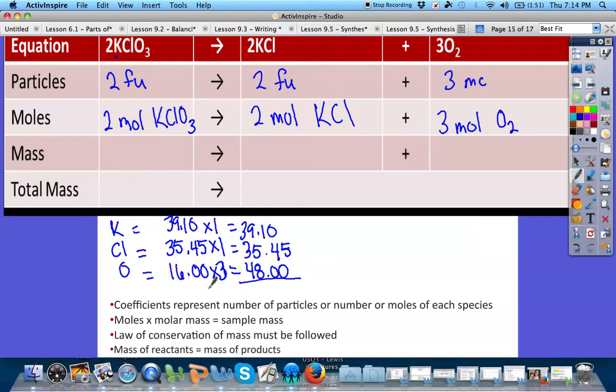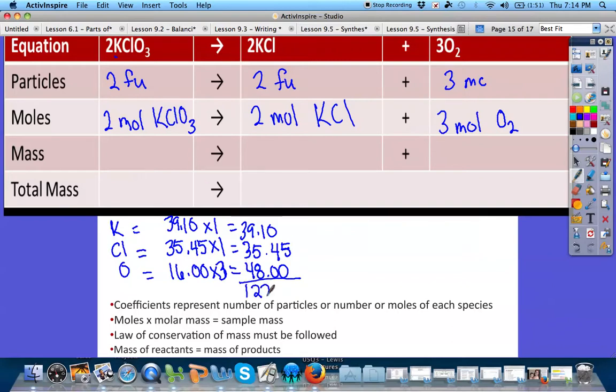And I believe it should be, sorry, I don't have these notes in front of me, 122.45, or 122.55.